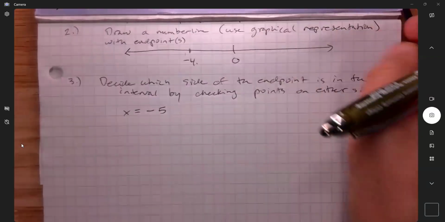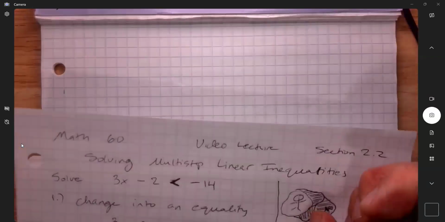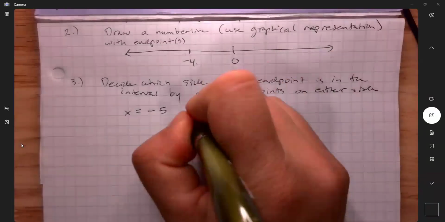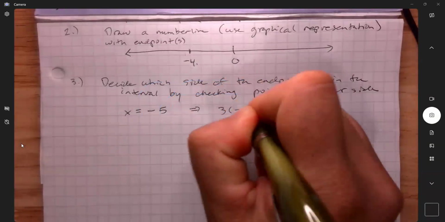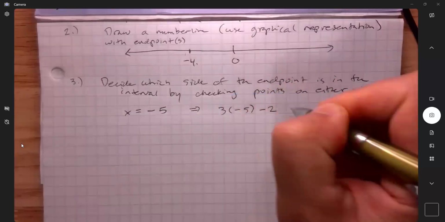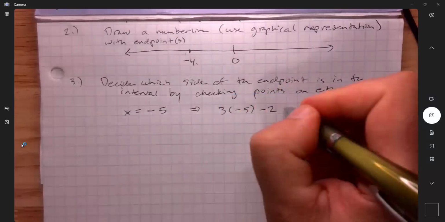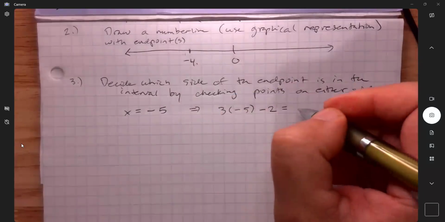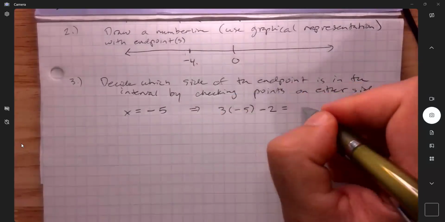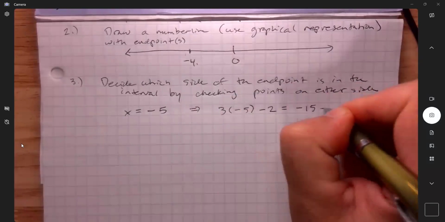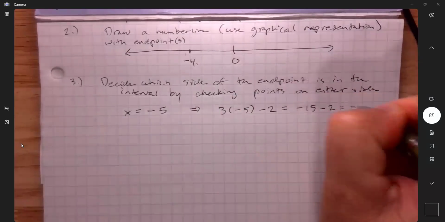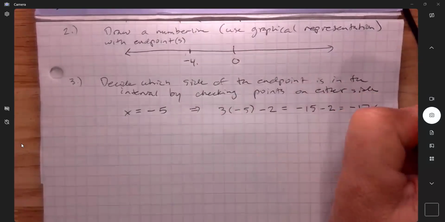And we're going to check it in the original formula, 3x minus 2. So I have 3 times minus 5 minus 2. Let's see, and that's negative 15 minus 2, which is negative 17.